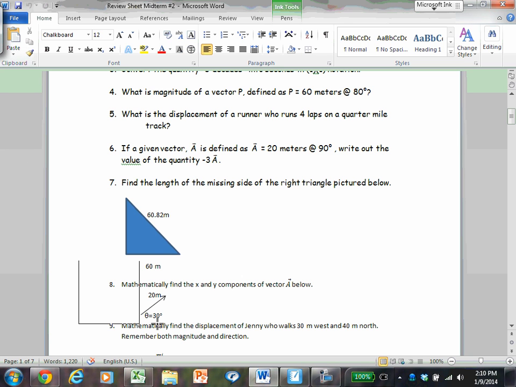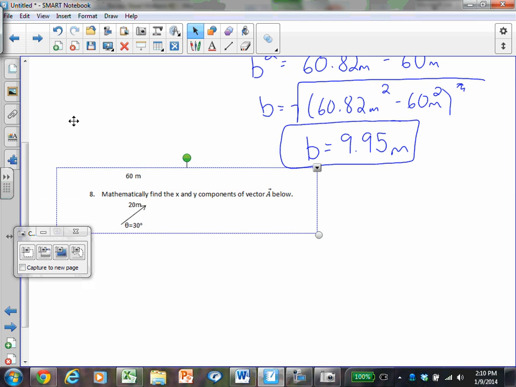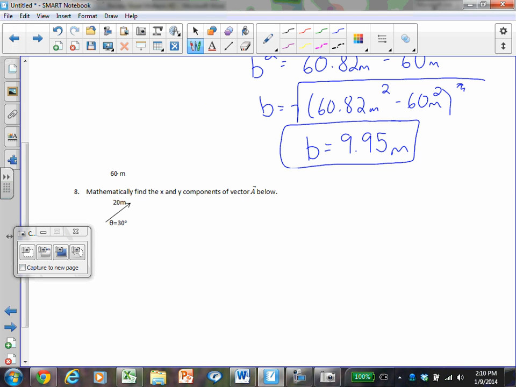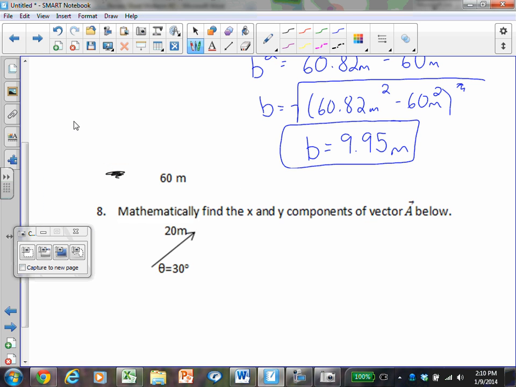Find the x and y components. Well, we want this thing. We'll call it AX and AY. And that's the 30 degrees. And that's hopefully real simple for you now.